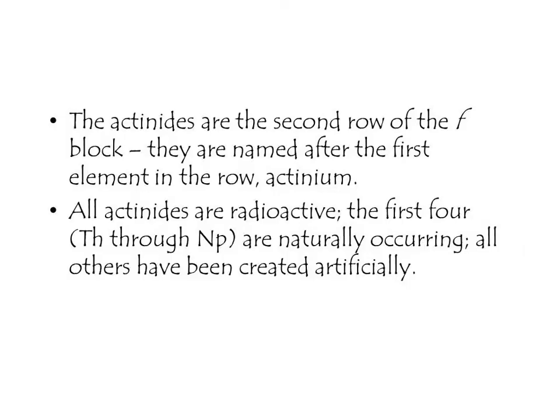And actinides are typically radioactive. The first four, thorium all the way down to neptunium, are naturally occurring, and all others have been created artificially in a lab. And so that's what is so special about actinides.